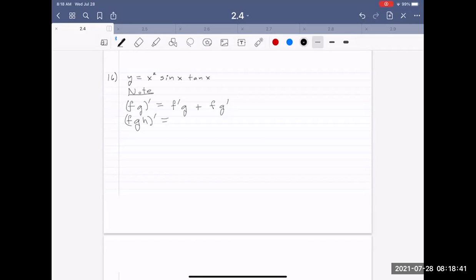Then the derivative of (fg) times h, and we know it doesn't matter how we group things because the product of functions is associative, is (fg)' h plus fg h'.